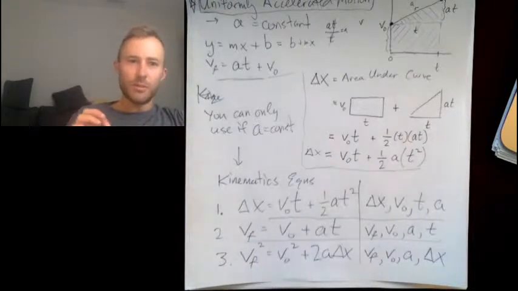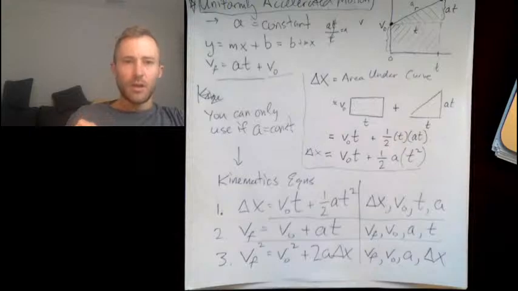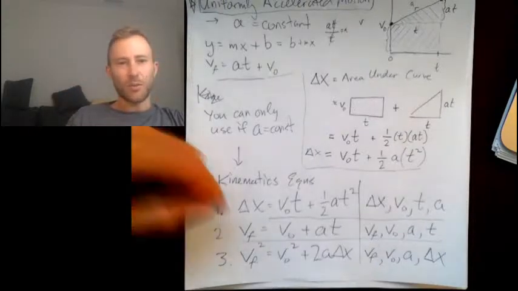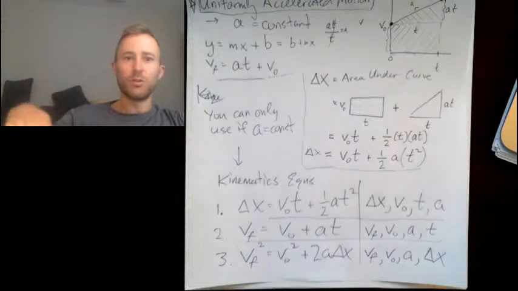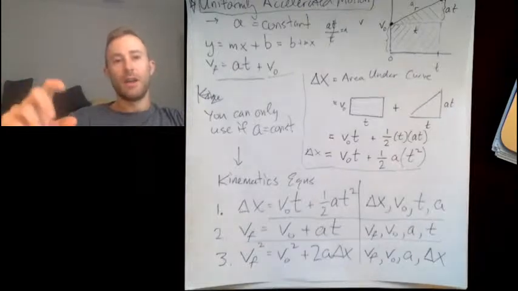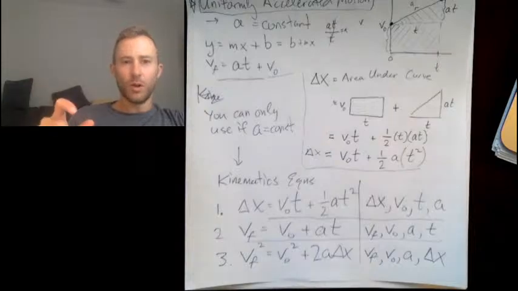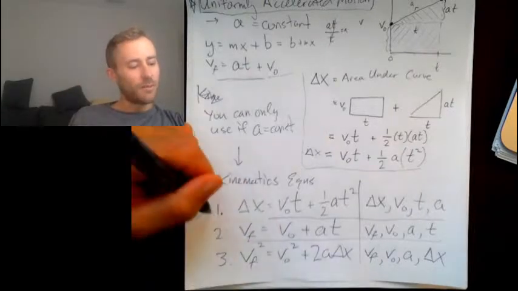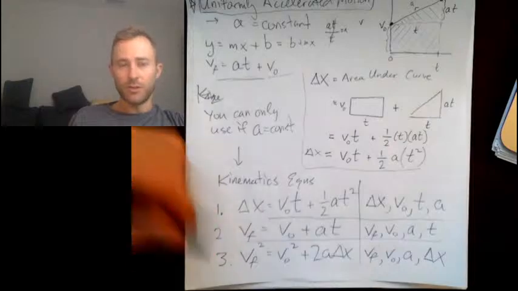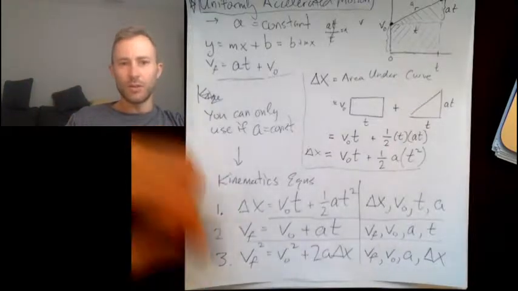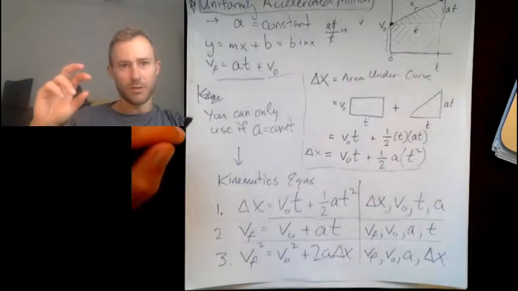I want you to think about these equations as tools, okay? You can think about this as a wrench, right? A wrench is a tool that you use to solve a problem. And just like you have different size wrenches that work for a particular problem that you're trying to solve, you have 3 equations, you have 3 tools, and each of these equations is sort of tailor-made for a certain type of problem.